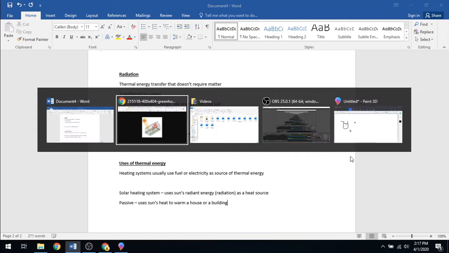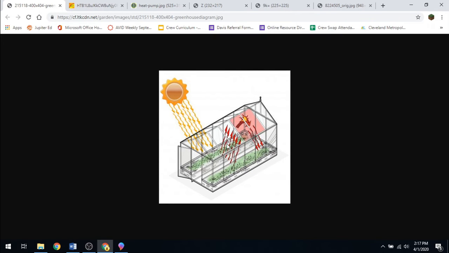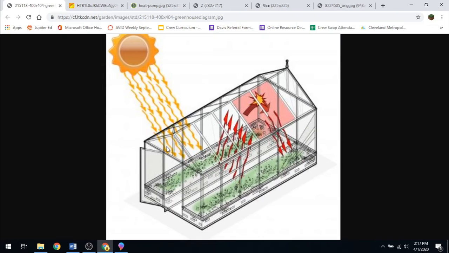I'm sure you've heard of the greenhouse effect. Well, the greenhouse is a glass building, usually for growing plants, that the sun's radiation goes in and then it can't get back out.